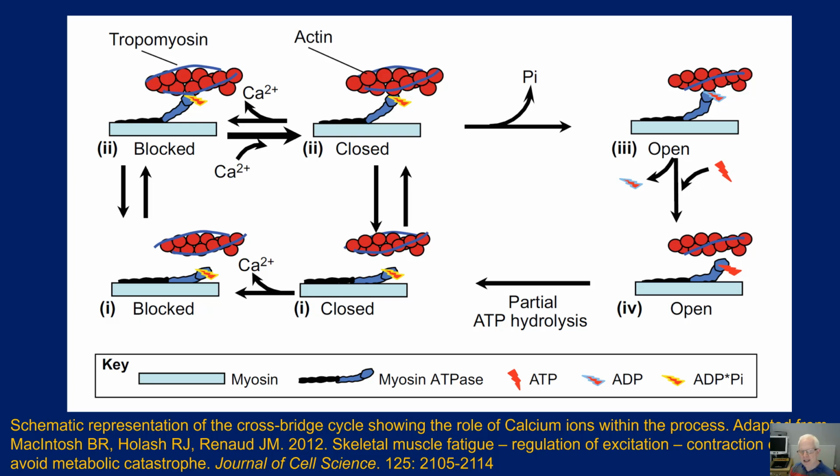But the tropomyosin is actually covered in a shield. And the shield is what is called troponin. And in fact, if that shield is in place, the myosin head will never attach to tropomyosin and therefore will never pull the actin filaments across. So how do you get that troponin, that shield, away from tropomyosin? Well, the key to this is what Stevenson was referring to in that previous statement, which is calcium.